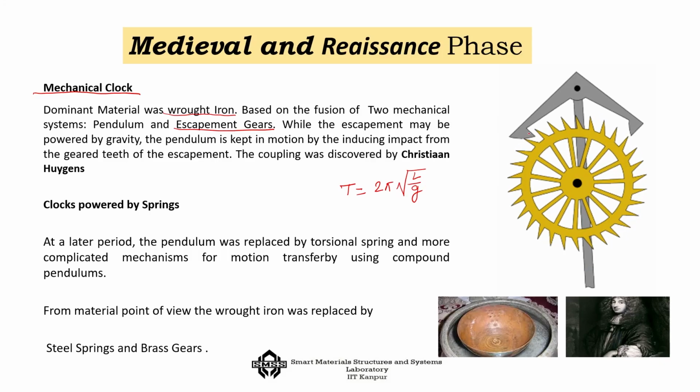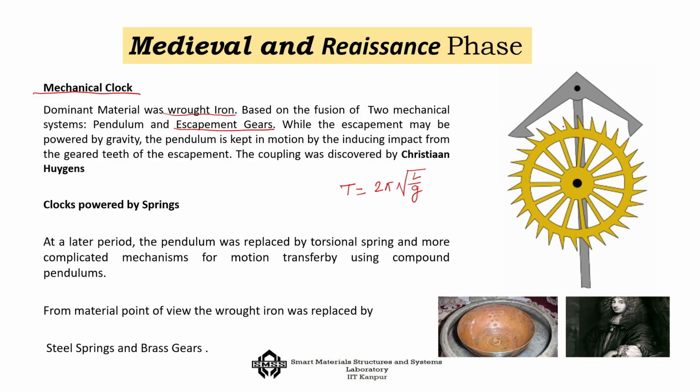And then what happens for such a system is that there will be a sort of dissipation of energy. If I take a pendulum and simply leave it from its central position, the amplitude will gradually come down because of the damping of the air. Okay. So what Huygens thought is that let us have a system which can continuously impact it.